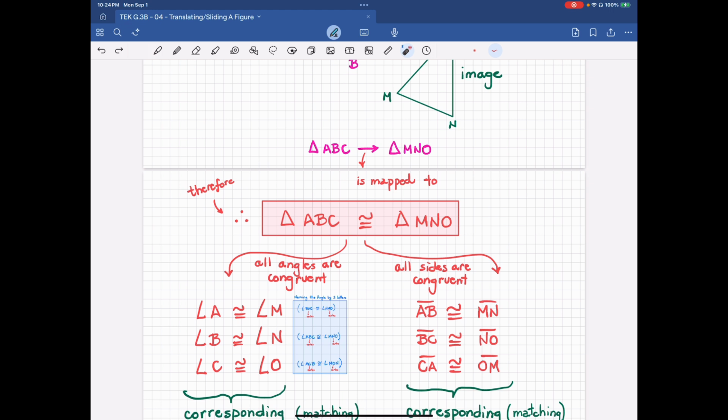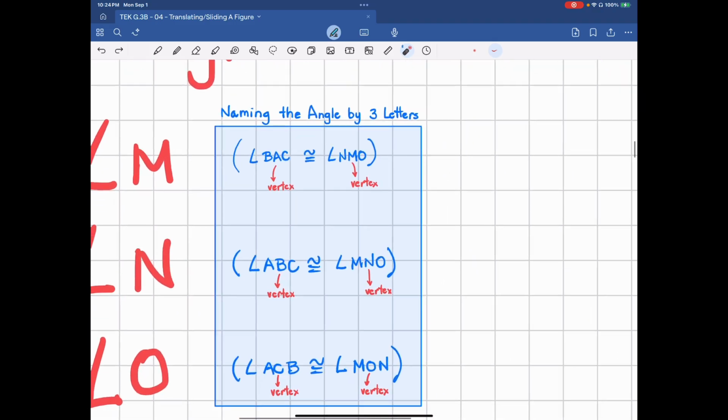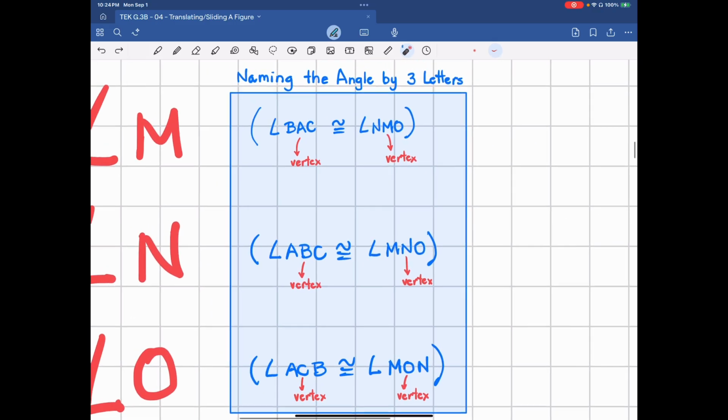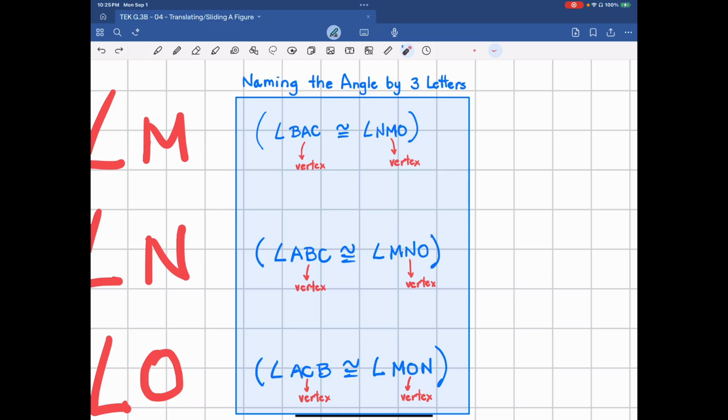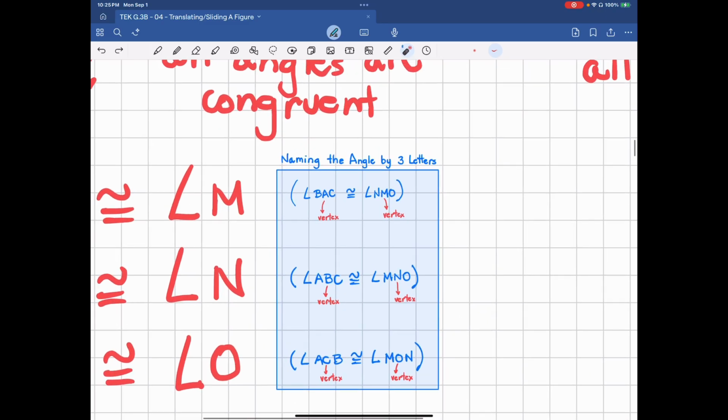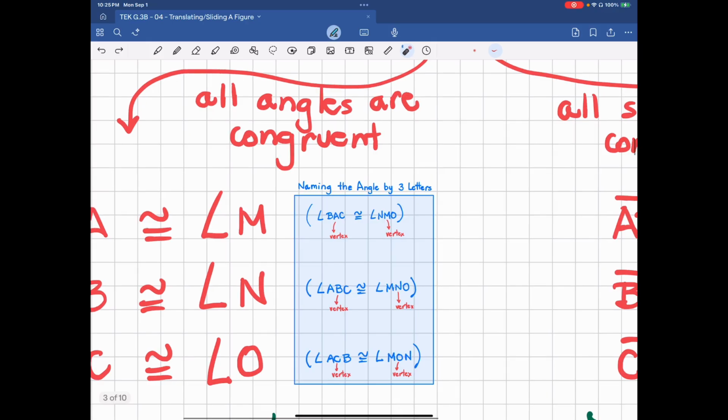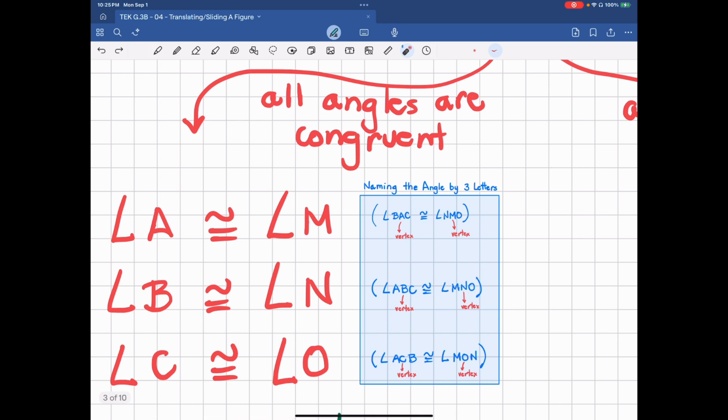Now, I just used one letter to name the angle, but we can use more than one letter. And sometimes we have to because the one letter is not going to be specific enough. So I could write it as angle BAC is congruent to angle NMO. Notice that the vertex is in the middle, the A and the M. Here, B and N are the vertices in the middle.